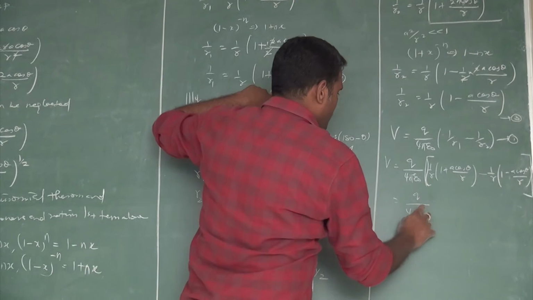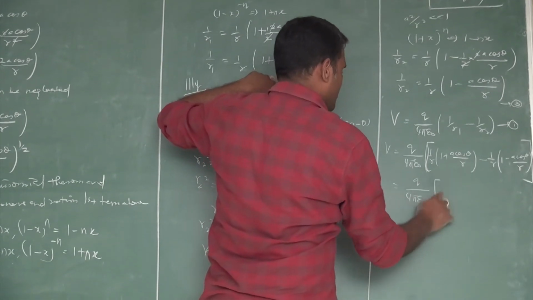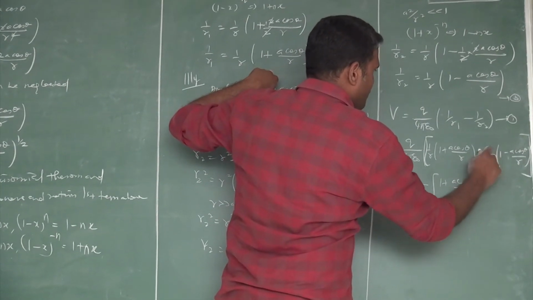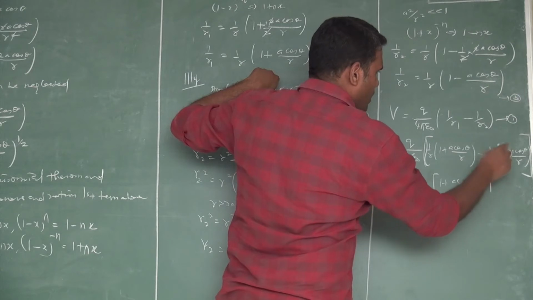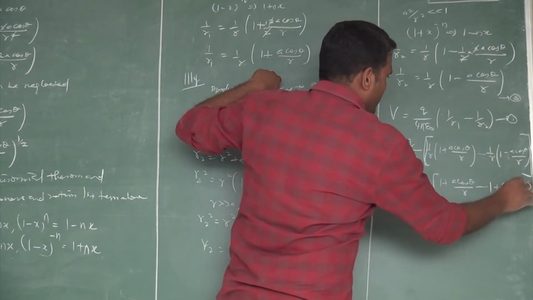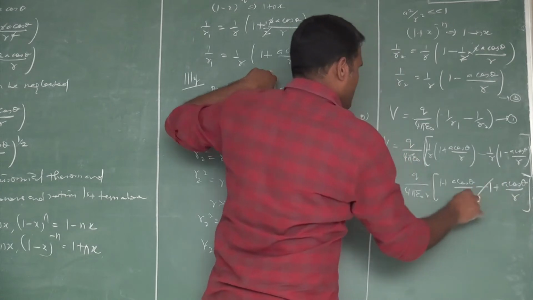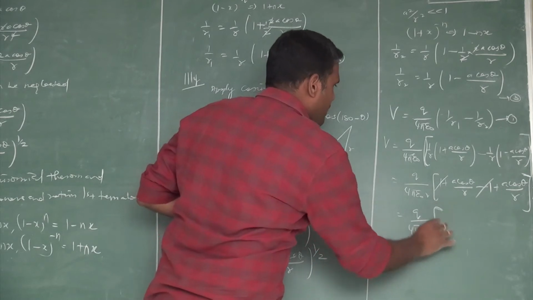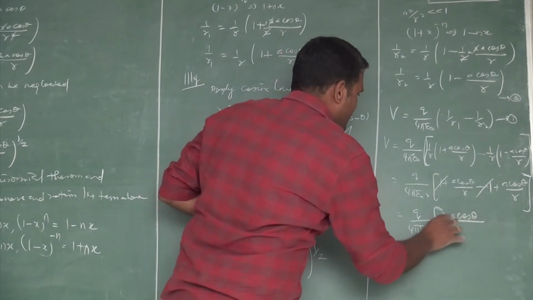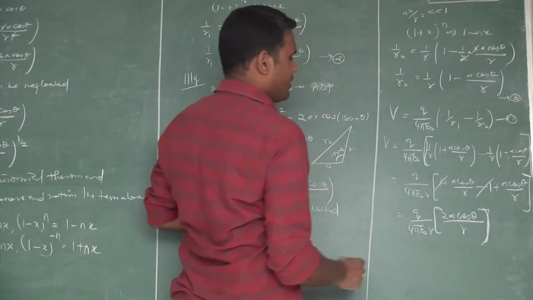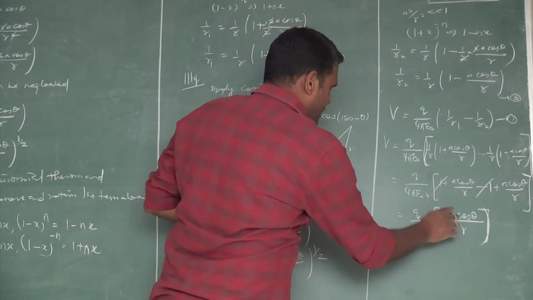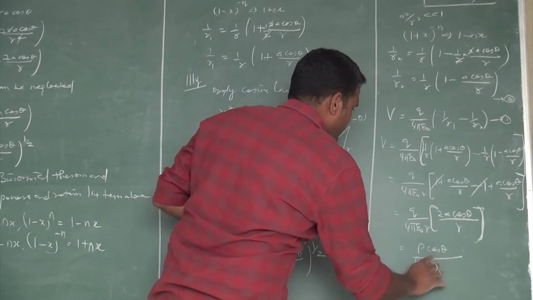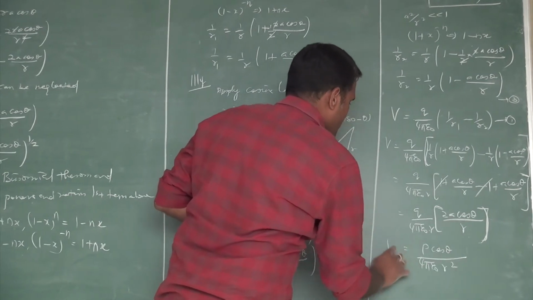So q by 4 pi epsilon naught r is taken out. 1 plus a cos theta by r, minus 1 minus of minus is plus a cos theta divided by r, is taken inside. The 1 minus 1 cancels out. So q by 4 pi epsilon naught r into 2a cos theta divided by r. I can write 2a into q as p: p cos theta divided by 4 pi epsilon naught r into r, which is r square. This is the total potential.